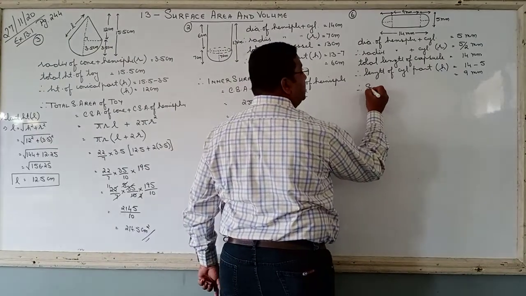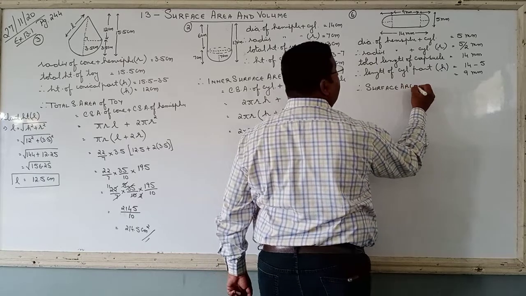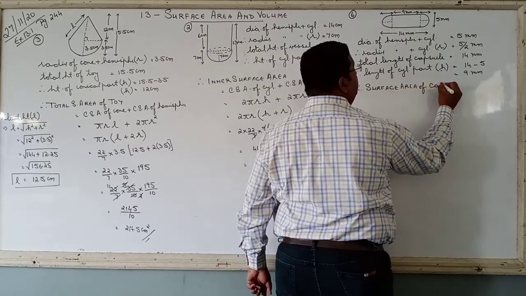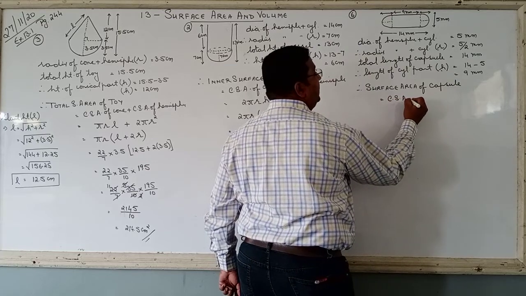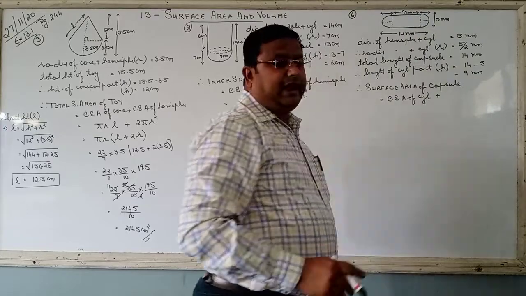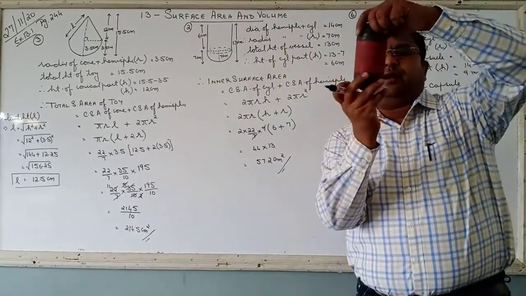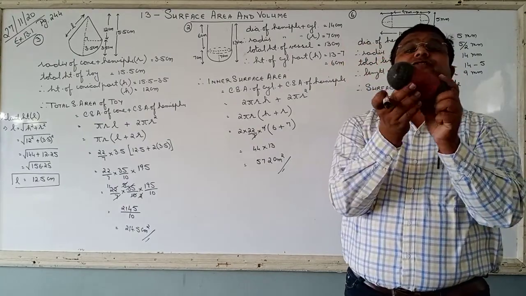So therefore, the surface area of the capsule is equal to the curved surface area of the cylinder, only the cylindrical part. Can you see that? The cylindrical part, the red part, curved surface area, plus the curved surface area of how many hemispheres? Two hemispheres.